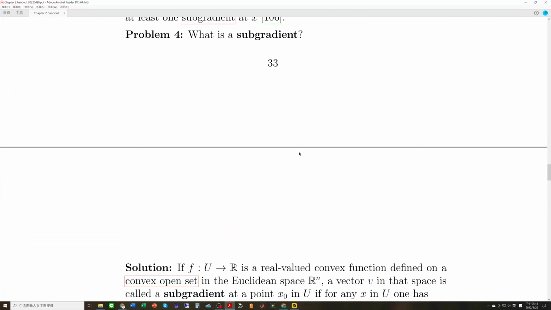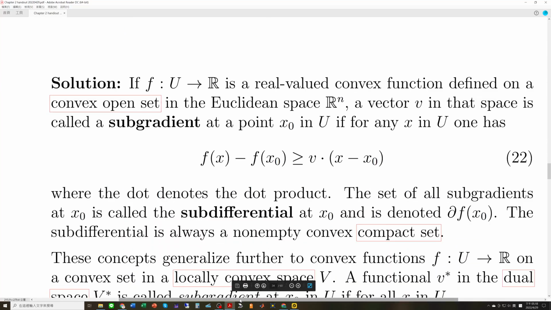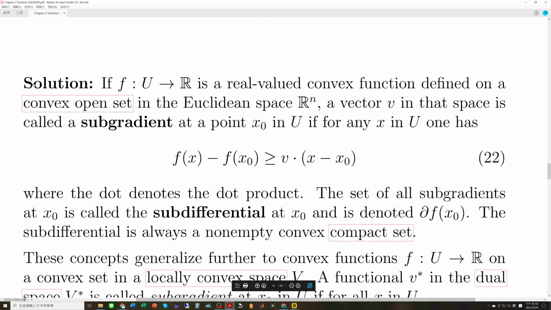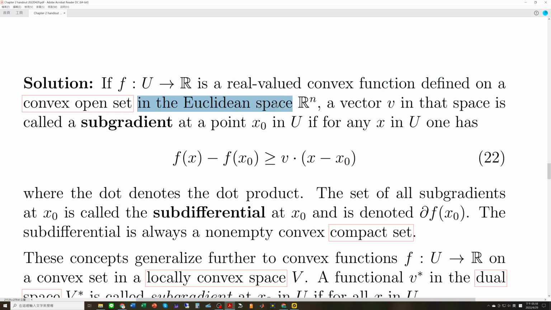Okay, let us see problem 4. What is a subgradient? Solution: if f is a function from U to R, a real-valued convex function defined on a convex open set in the Euclidean space R to the power of n.